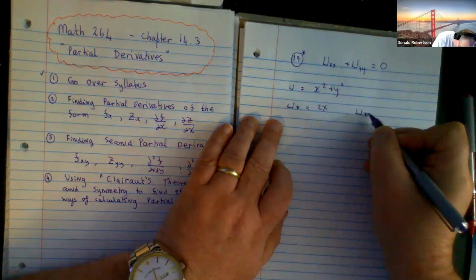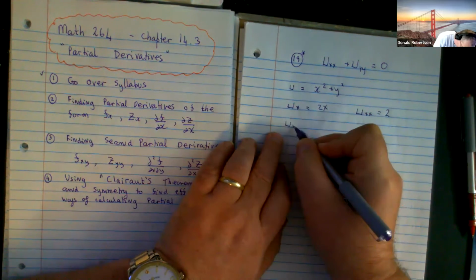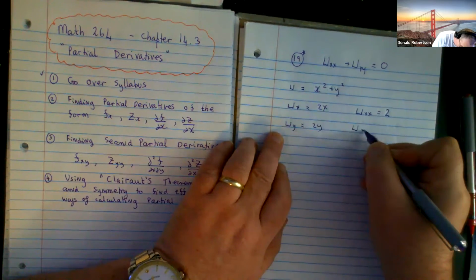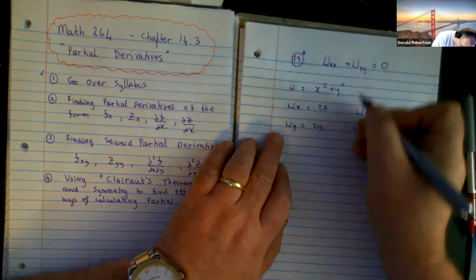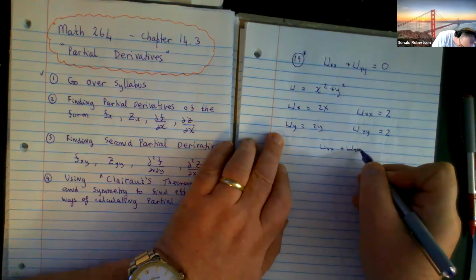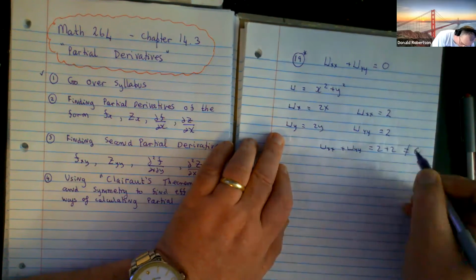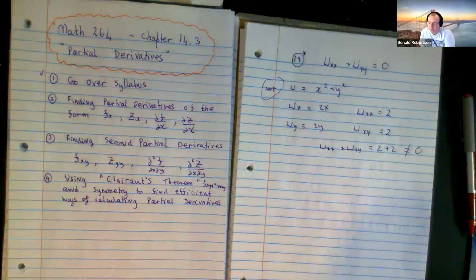If you do the second derivative with respect to x, you get 2. If you take the original function with y, you get 2y. And if you do the second again with y, you get 2. But that plus that is 2 plus 2, and it doesn't equal 0. So that's not a solution to the Laplace equation.